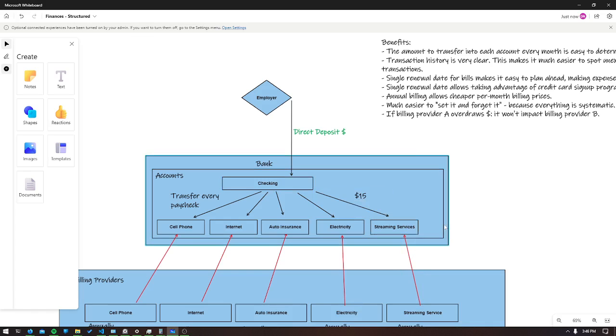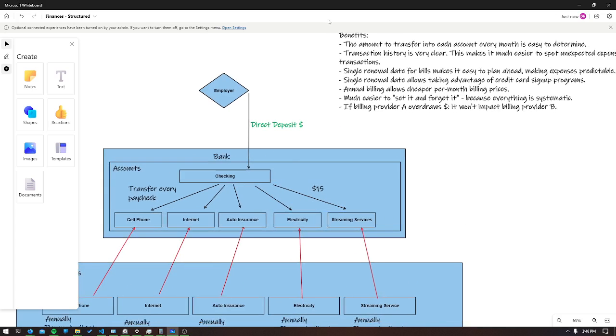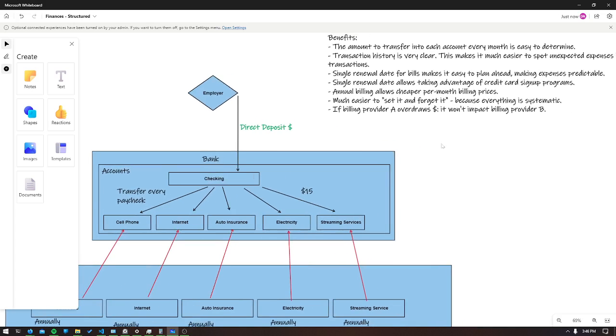I don't have to do any crazy math where I add up the cost of all my different services and then transfer a big bulk sum of $1,000 like we did with the previous approach. You're just transferring in the amount that you need for streaming services into the account. So really easy to understand there.